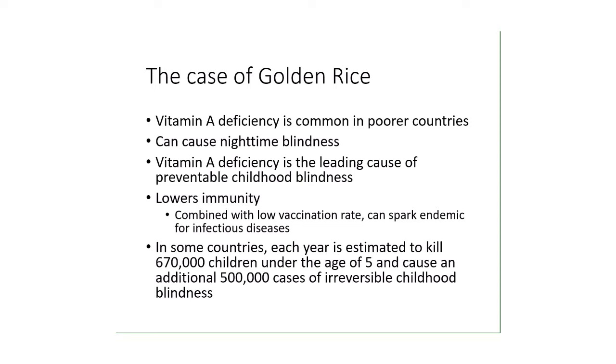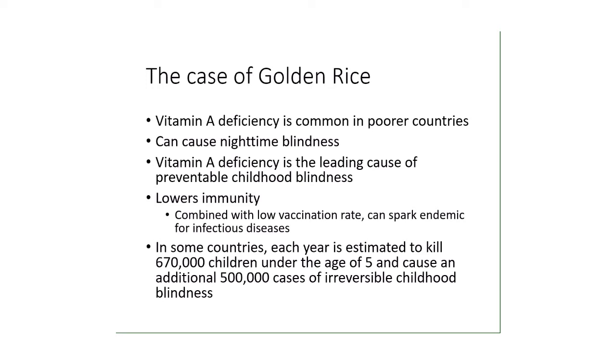Now, in some poorer countries, there is usually a lack of vitamin A in people's diet or in access to food that has sufficient vitamin A, and as a result a lot of people suffer from vitamin A deficiency. Vitamin A is important for your vision.